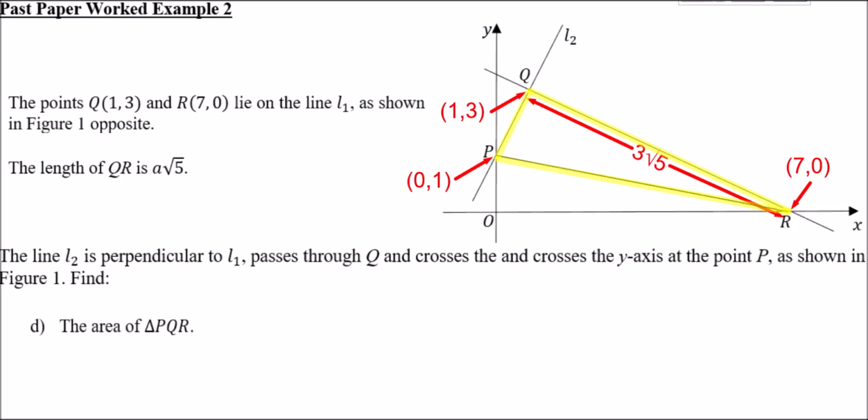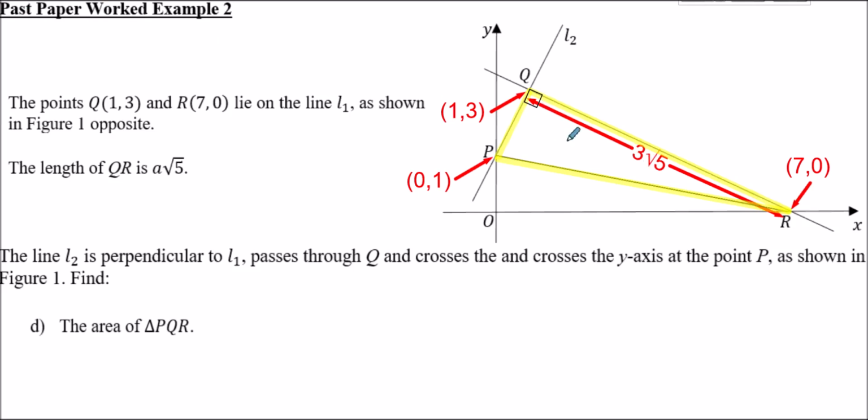And lastly, part D, we need to work out the area of the triangle PQR. So we were told that L2 is perpendicular to L1. So we can use that fact and realise that because it's perpendicular, what we have here is actually a right-angled triangle.